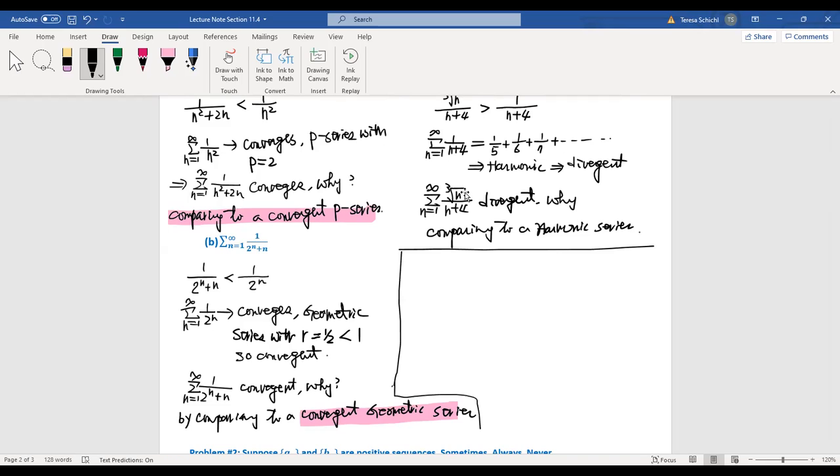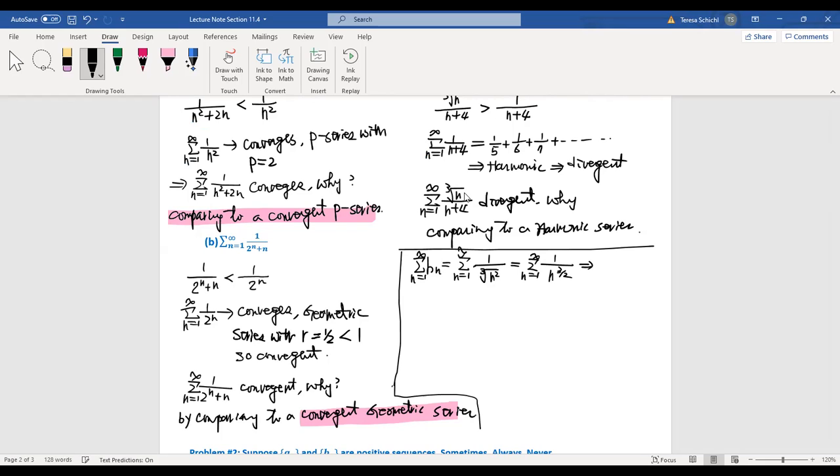Then you say, okay, I get another series that I define as the summation n from 1 to infinity of bn. Let me define it this way: 1 over n to the power of the cube root. I can define this one. This is the summation n from 1 to infinity of 1 over n to the 3/2.